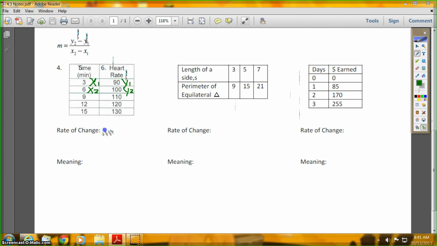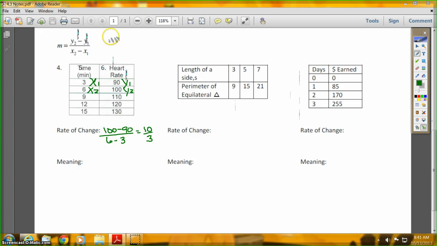So I'm going to get 100 minus 90 divided by 6 minus 3. 100 is my y2 minus 90 is my y1. 6 is my x2 minus x1 is my 3. Now I'm going to simplify that. That gives me 10 over 3. And I'm going to leave it as an improper fraction.